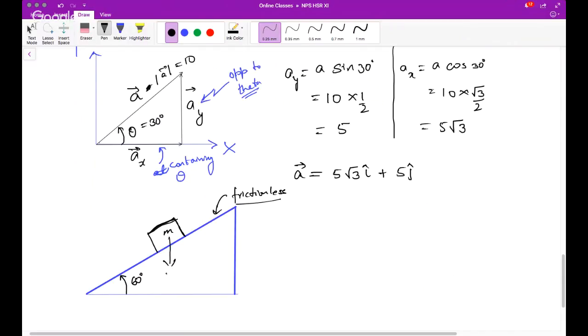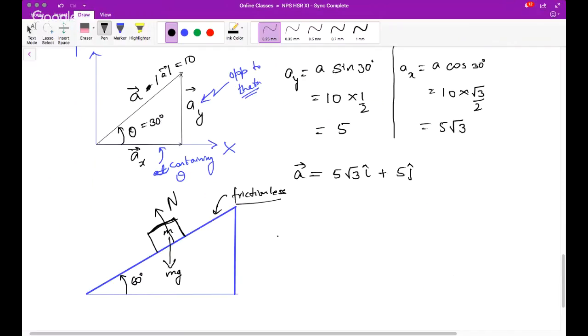So this is mg. There is no friction, so what else? There will be a normal force acting on it. So only two forces: the weight mg, and the normal force. There is no other force acting on it.